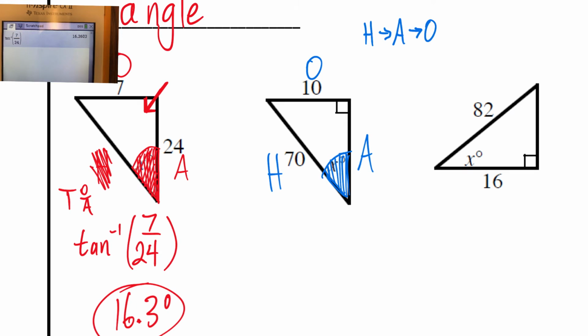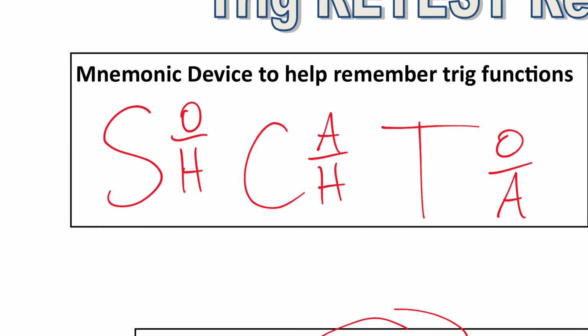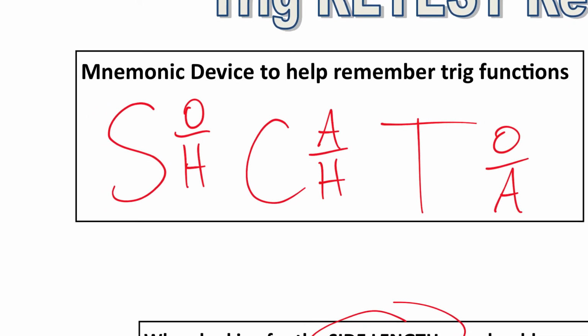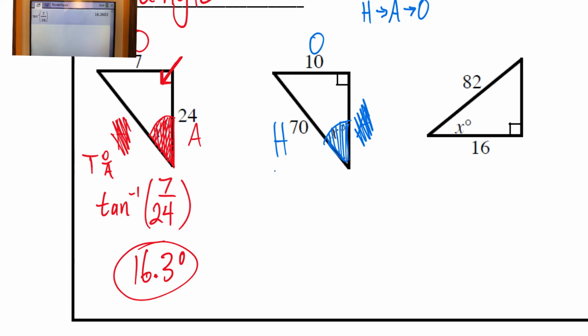So the H, A, and O, which one do I not need here? The A. A's gone. So on this one, I have O and H. So as I think back up here, which one has O and H? S, the sine. So on this one, I'm going to be using my sine function.